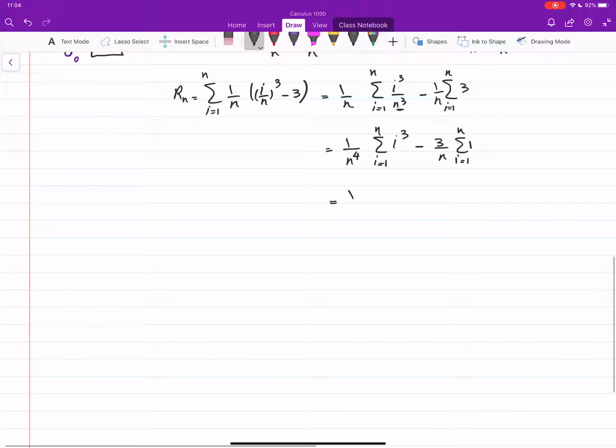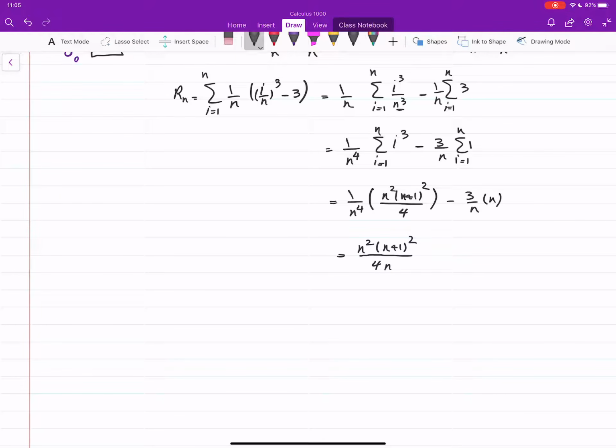Well, we know the formulas for these. The formula for the sum of cubes of integers is n squared times n plus 1 squared over 4. And for this part, the sum of 1s is n. So what we get here is n squared, n plus 1 squared over 4, over n to the power 4, minus, well, this cancels with that, minus 3.